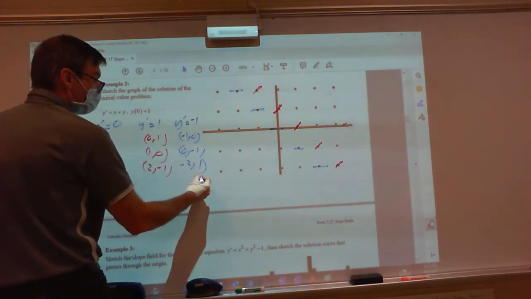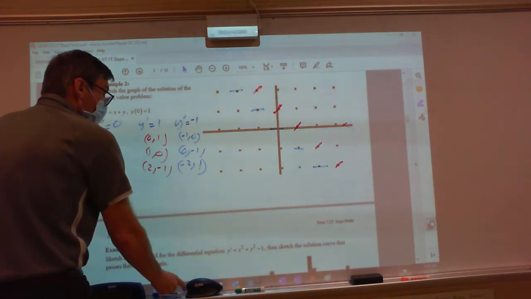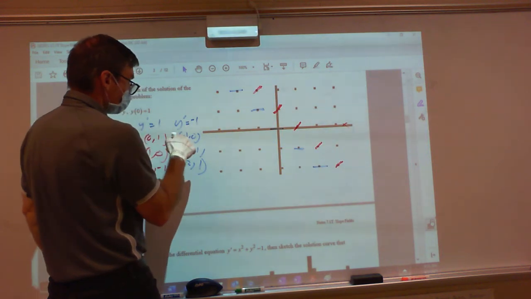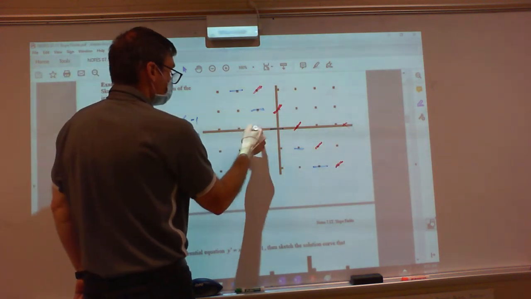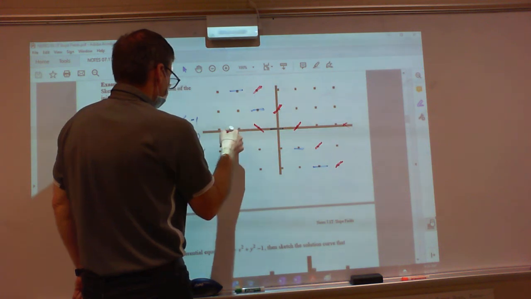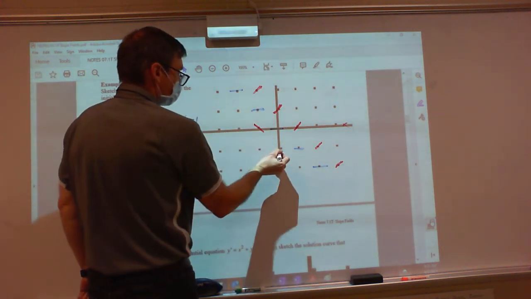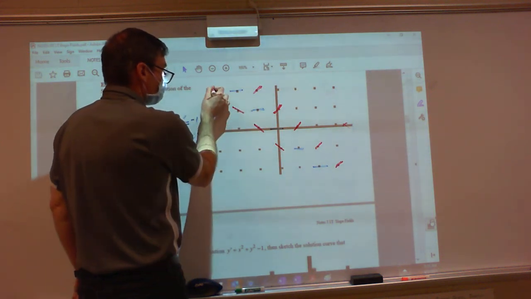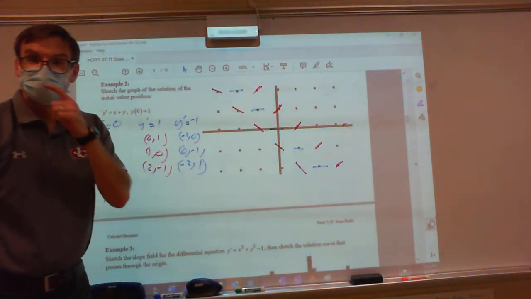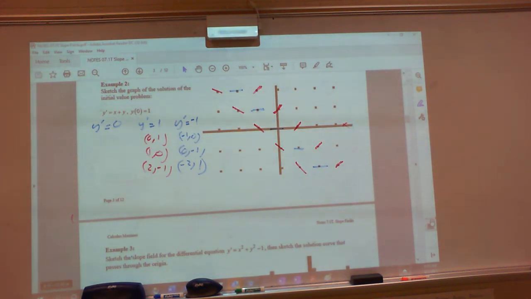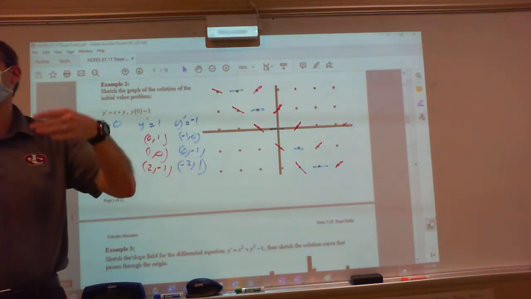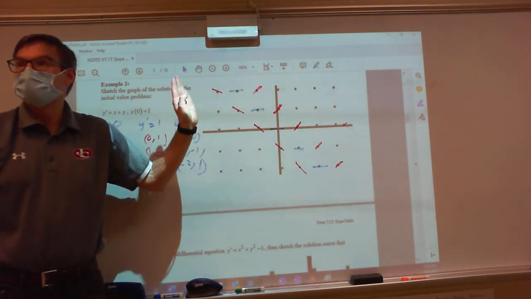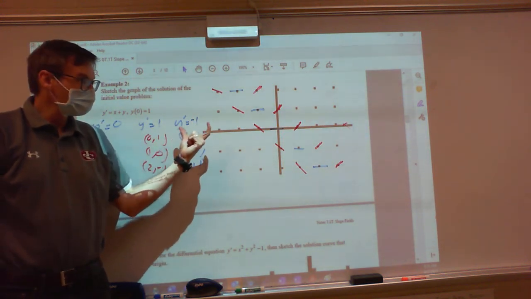A slope of -1 is going downhill, so (-1, 0) is here, (0, -1) is here, (-2, 1) is here. I know this is just the second time constructing a slope field, but do you see how if you can figure out where things are 1 and -1, it makes it easier?